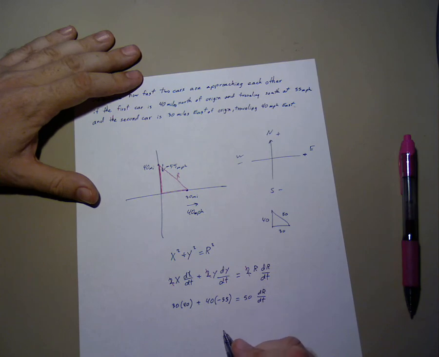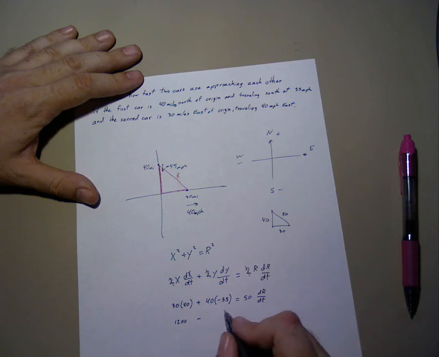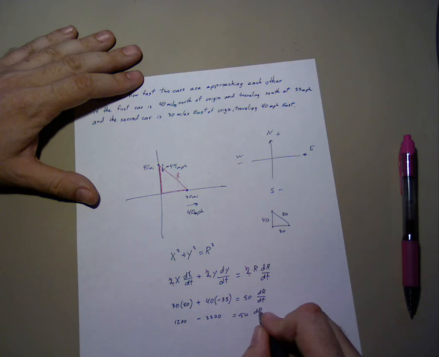If we solve for this, we get 30 times 40, which is 1200, plus a negative 55 times 40, which is negative 2200, equals 50 dr/dt.